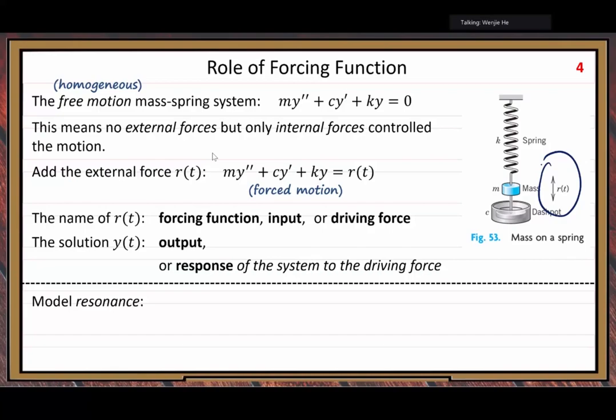People observed that the resonance phenomenon caused a lot of damage, but at the beginning couldn't understand why some unexpected damage occurred. So there is a model used to describe this phenomenon. Let's look at this model.